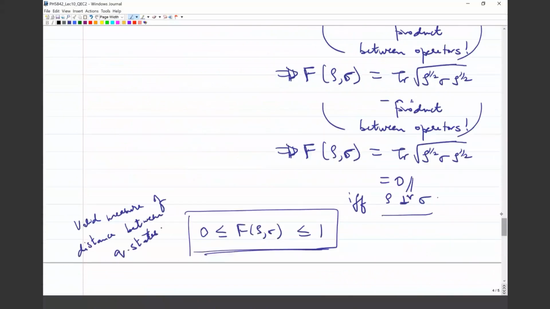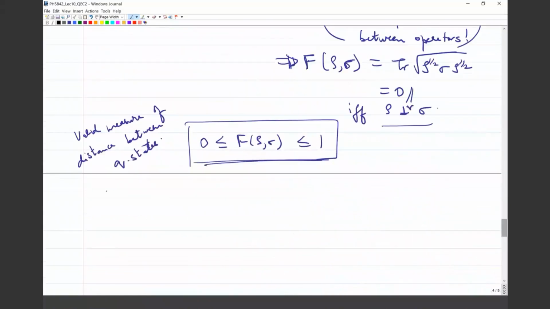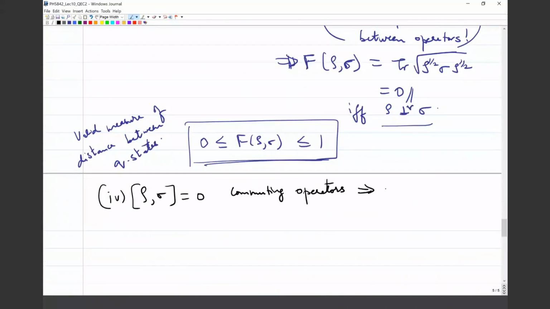The last case I want to discuss is the case when rho and sigma commute. So this is the case of commuting operators. And it turns out that this actually leads to a classical measure of distance between probabilities.